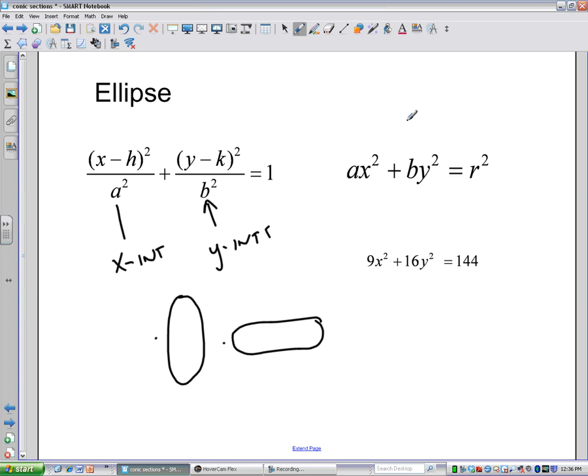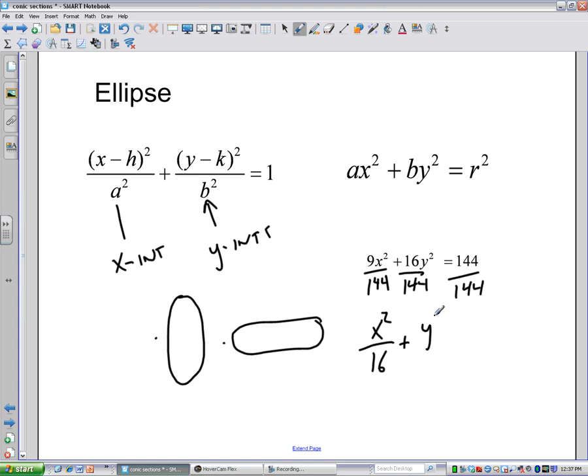Again, if we're centered at the origin, then you're just going to have ax squared plus by squared equals r squared. We can quickly turn that into this form if we just divide everything through, in this case by 144, because this is by 1. So if I divide by 144, this actually becomes x squared over 16, because 9 times 16 is 144.